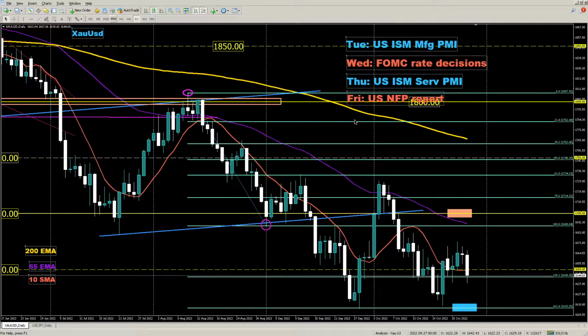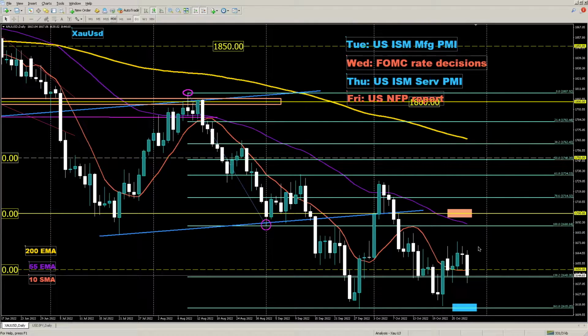And this is due to the inflation numbers not cooling off yet. And also the jobs report has not stabilized, and it's still increasing, which is adding inflationary pressures.